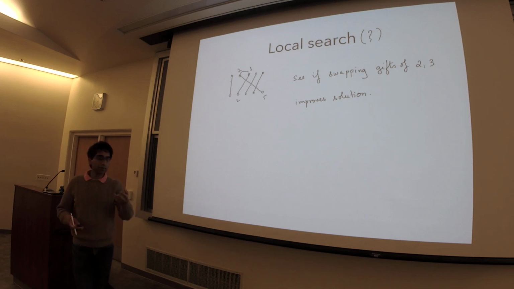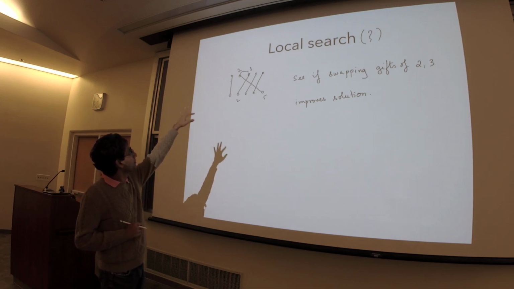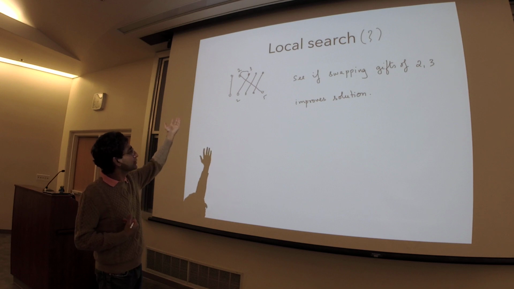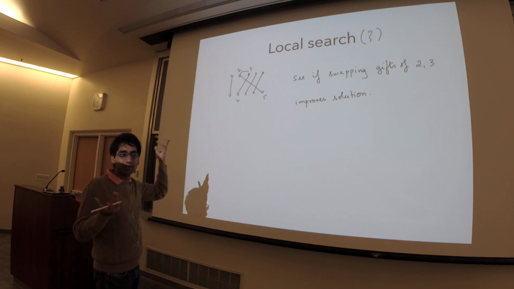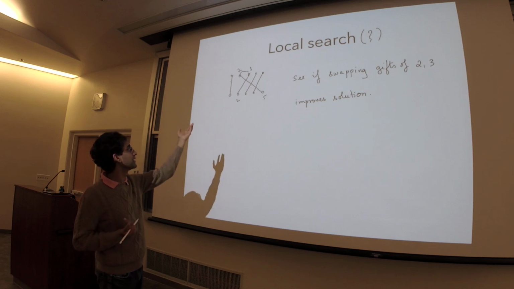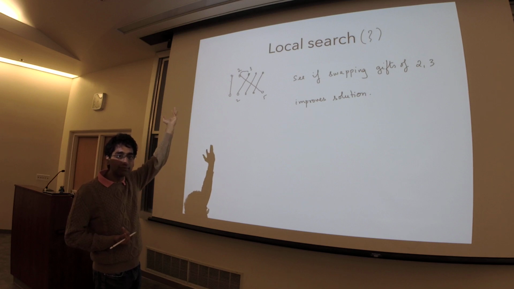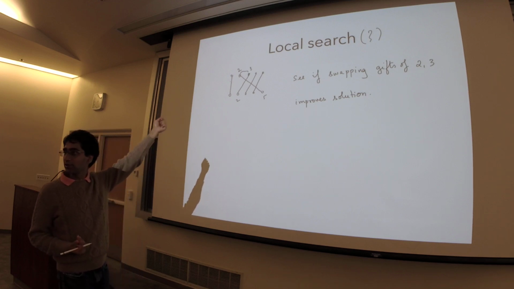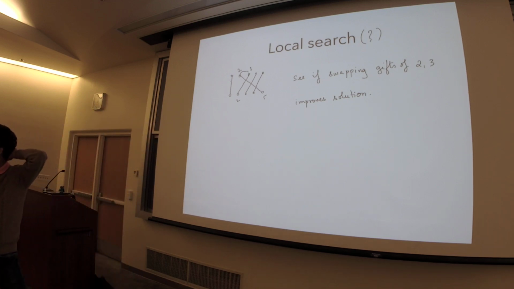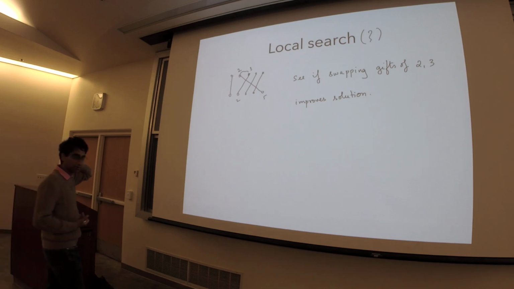And he's suggesting doing this only for pairs that are nearby. But there's no real reason to just restrict to pairs that are nearby, right? I mean, there are only n squared pairs of children. You can try doing this for every i, j.